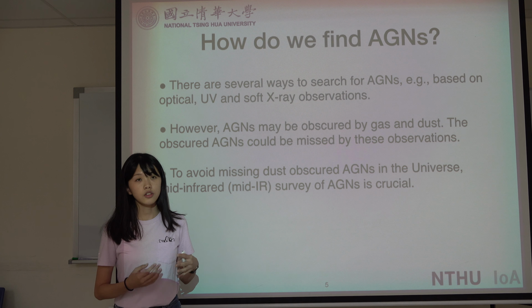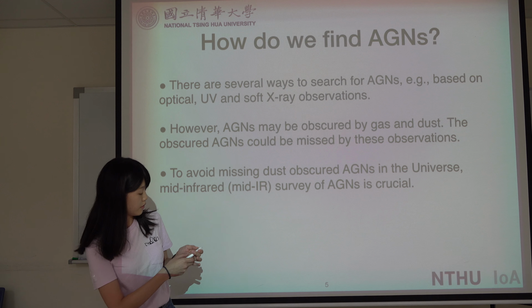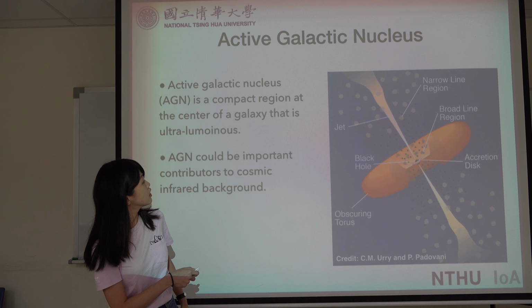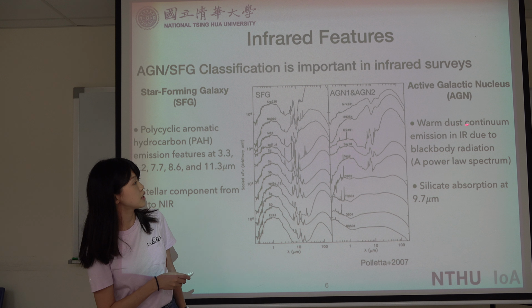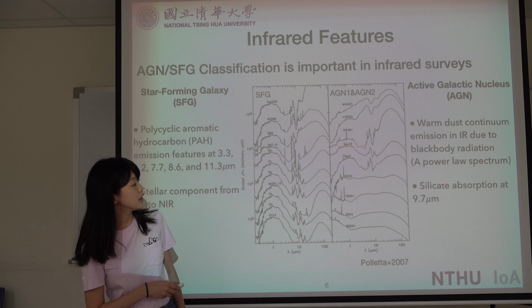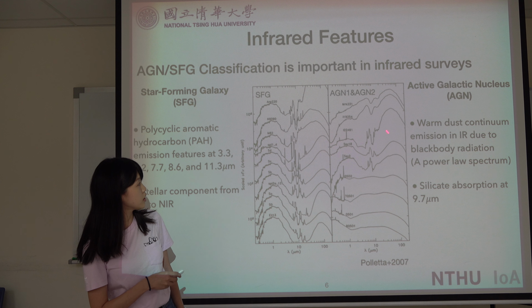AGNs have strong warm dust continuum emission due to their black body radiation. They also have silicate absorption at 9.7 micrometers, so you can see these features.